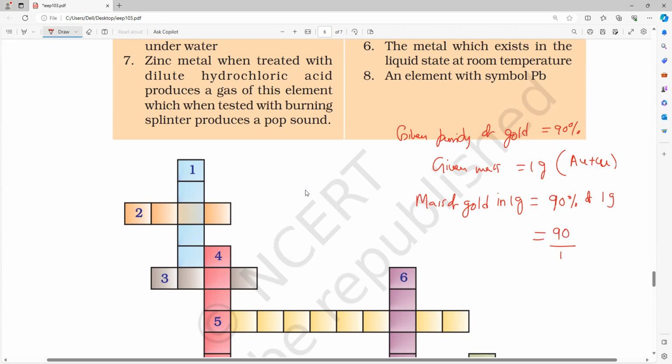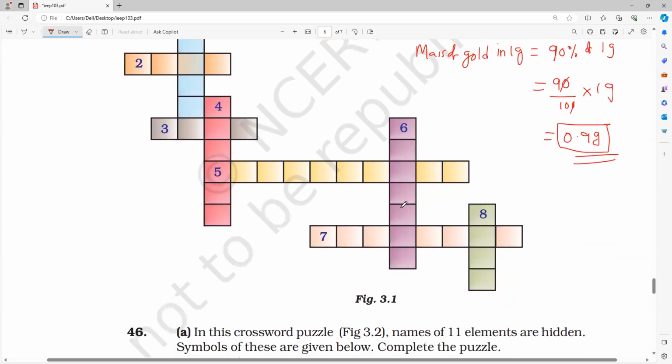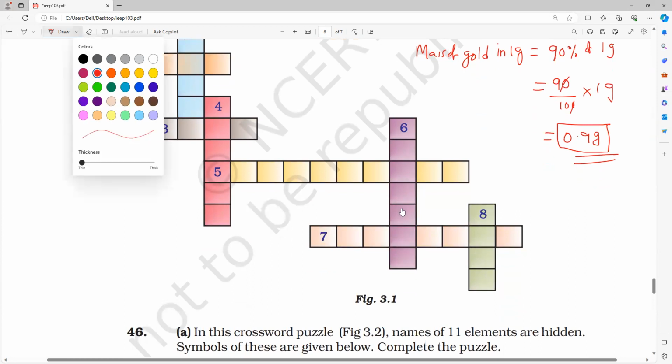So 90% of 1 gram means 90 by 100 into 1 gram. So the zeros get cancelled. 9 by 10 means 0.9 grams is gold. Out of 1 gram, 0.9 grams gold and remaining 0.1 gram copper.